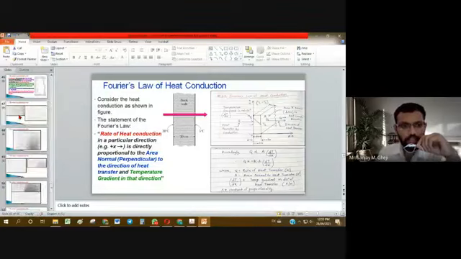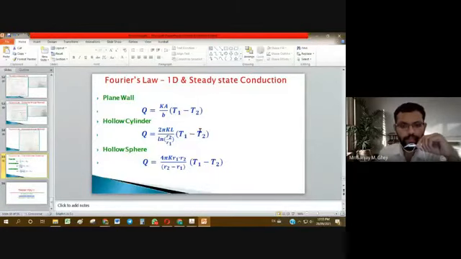In the same way, for a hollow cylinder, you can consider heat conduction occurring from a pipe or a tube which is carrying some hot liquid. Let us say a pipe is carrying hot water or hot steam through it. So the inside temperature will be very high, and it is running through the surrounding ambient conditions. The outer surface will be exposed to the surrounding temperature, which is on the cooler side.